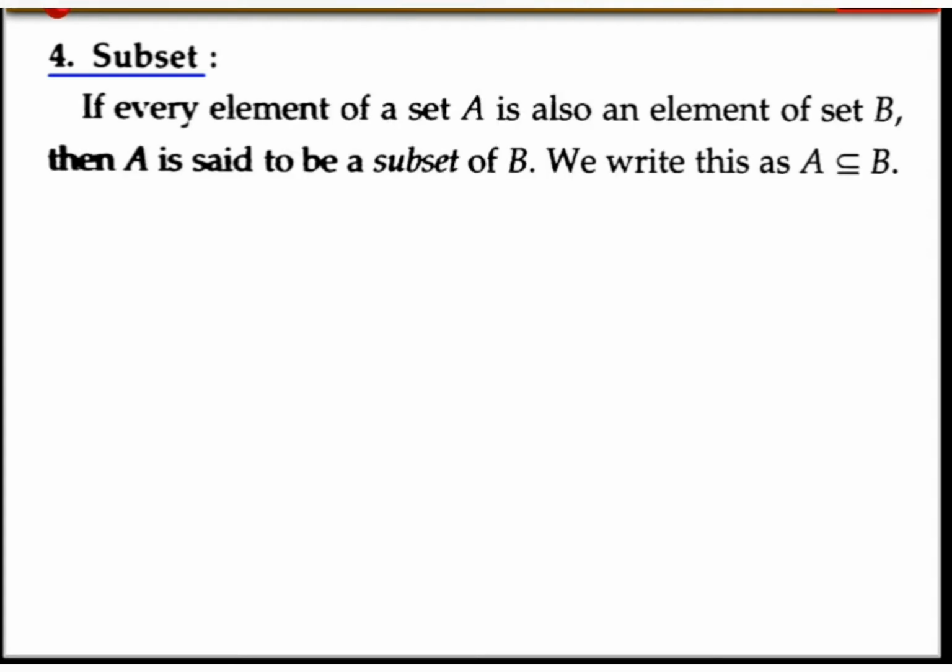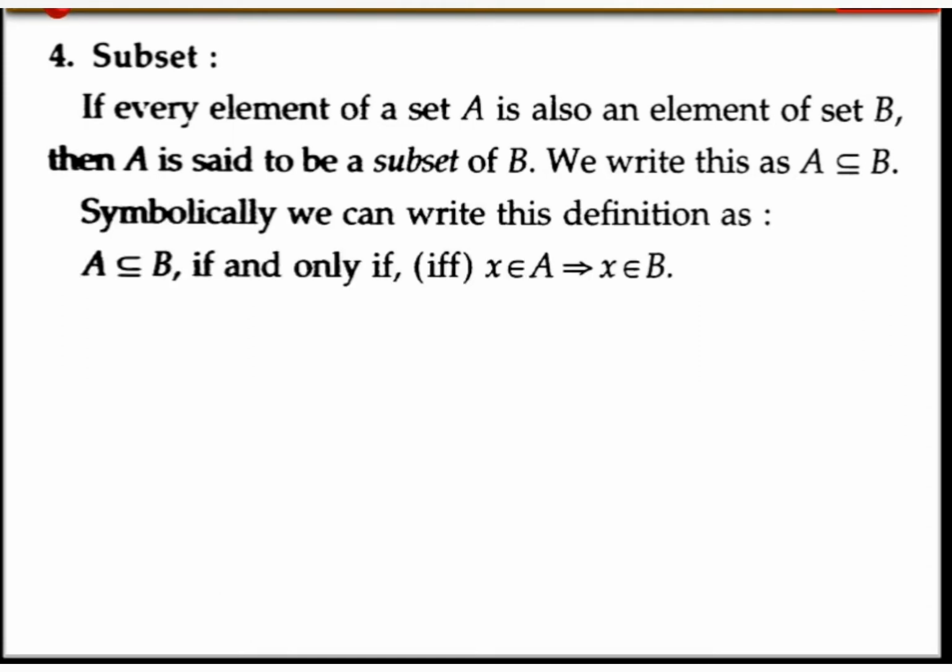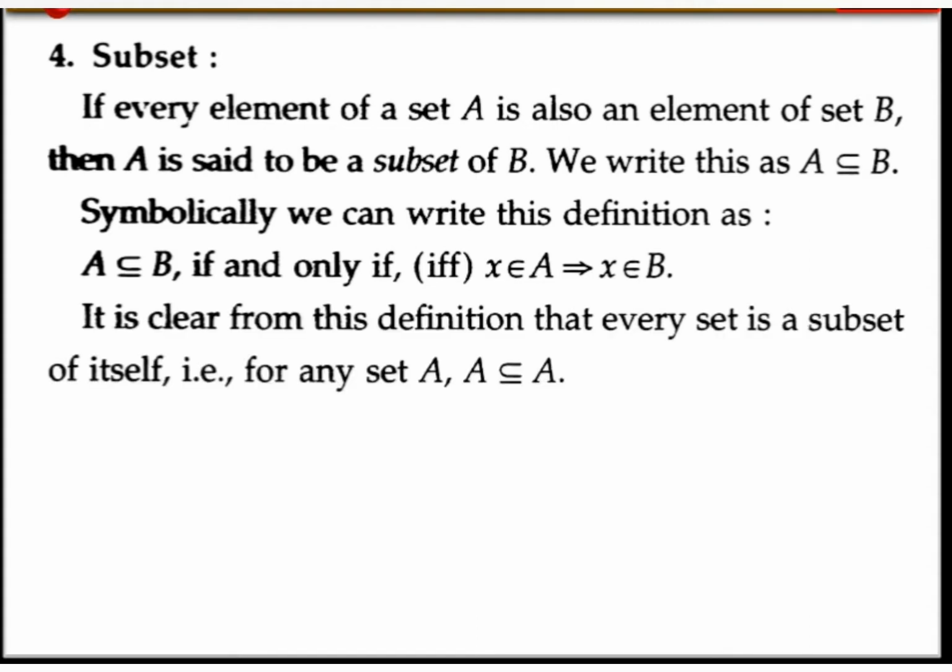Number 4. Subset. If every element of a set A is also an element of set B, then A is said to be subset of B. We write this as A ⊂ B. A is subset of B if and only if x belongs to A implies x belongs to B. It is clear from this definition that every set is a subset of itself.